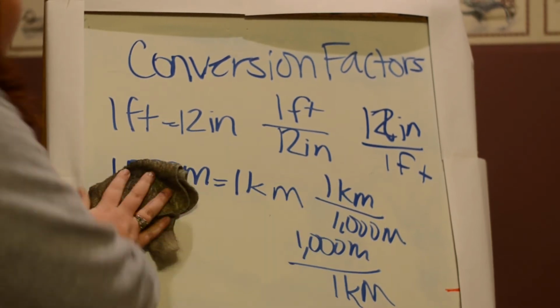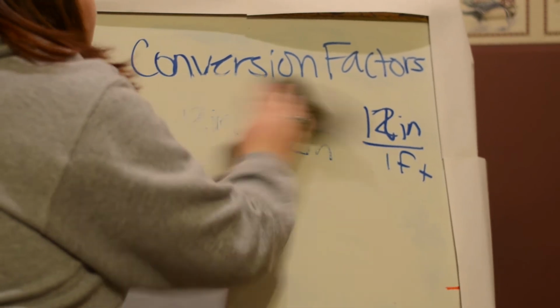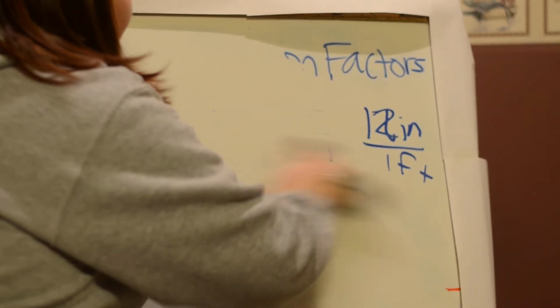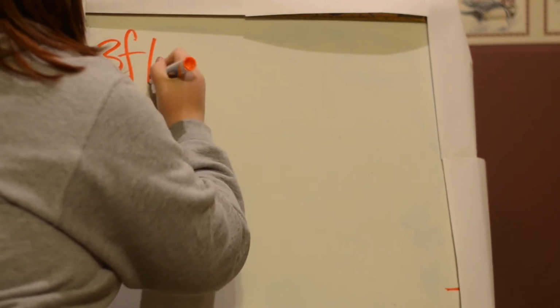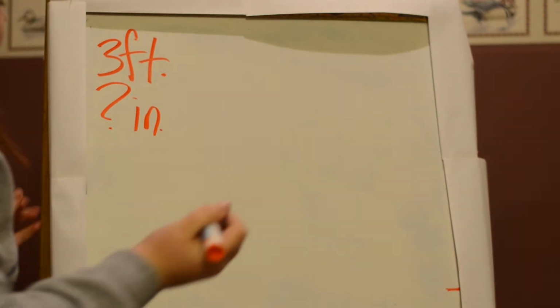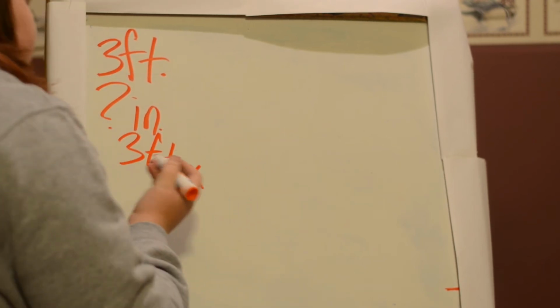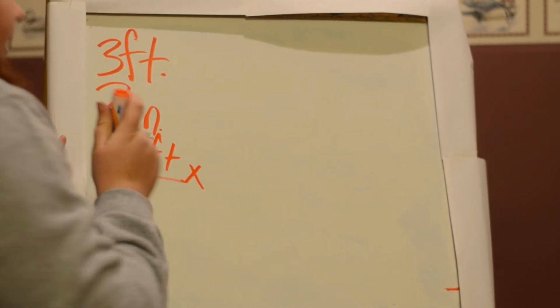Okay, so we're just going to do one real quick and simple example using everything that Brianna just said. Say that you're given a question that says you have 3 feet, and they want to know how many inches that is. So to do that, you would start off and write 3 feet. And you want to multiply it to see how many inches you're going to get.